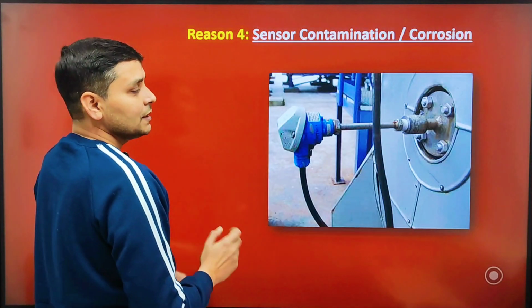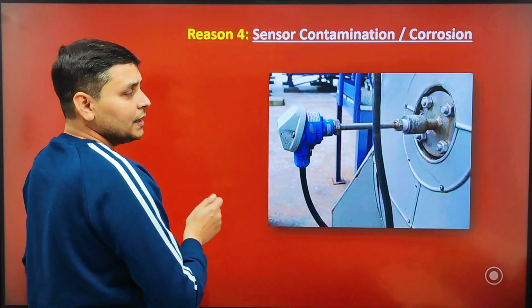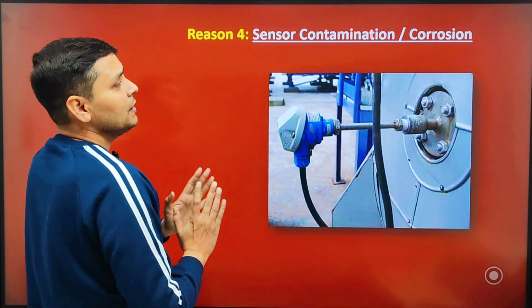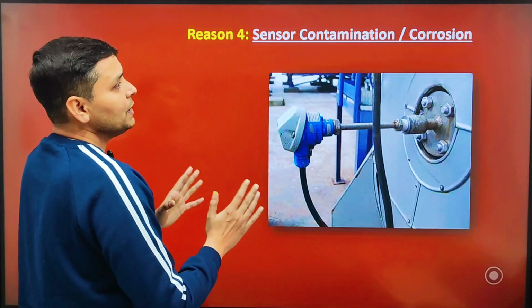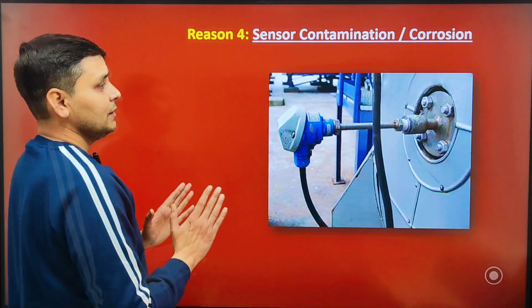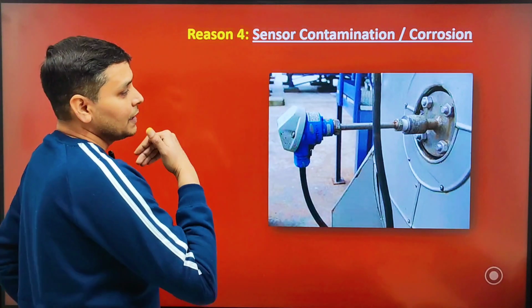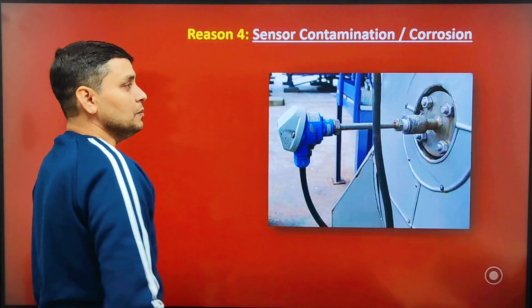So in that case, properly remove the RTD, clean its tip, and again insert the RTD. So this problem will be resolved. But remember, before doing this, kindly inform the control room.